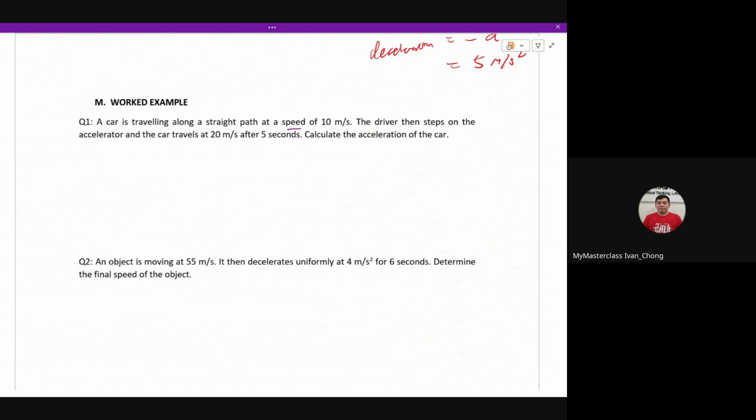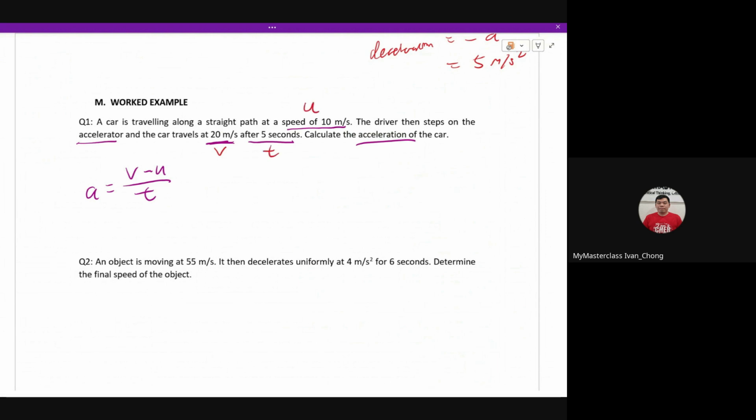So first things first, you have speed, you accelerated, and then after 5 seconds, you travel at this now. So ask yourself the formula, because you want acceleration, right? Acceleration is v minus u over t. Just remember, v is your final speed, final velocity. So at the end, I am moving at 20 meters per second. At the start, I'm moving 10 meters per second.